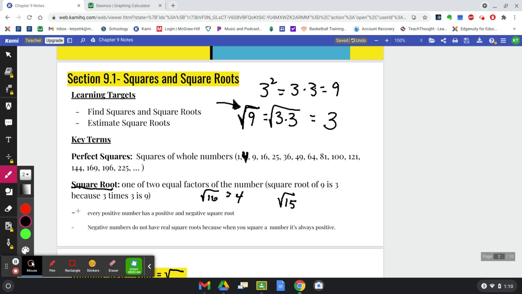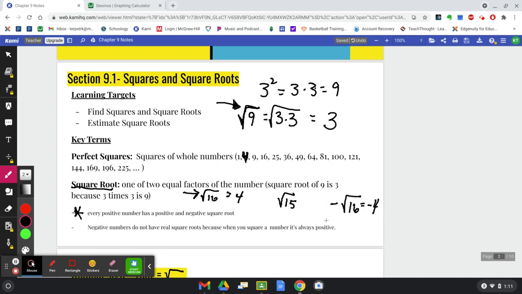These right here are important notes. Every positive number has a positive and negative square root. This symbol right here refers to the positive value. But I could say, what is the negative root of 16? And it would be negative 4.